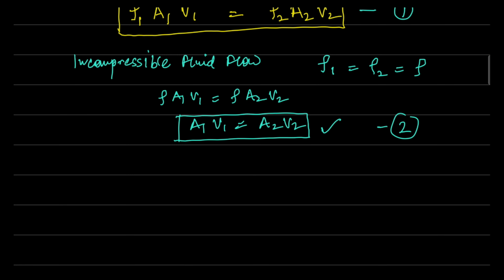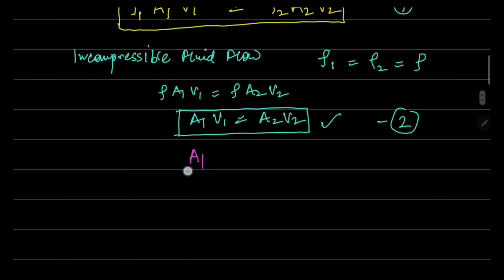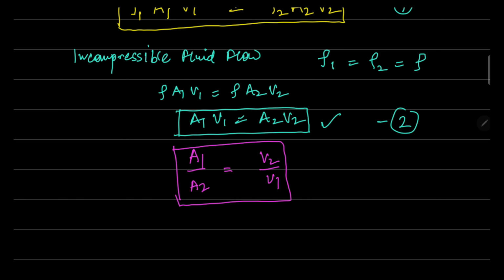Now the equation shown in equation 2 can be rewritten in that form, where A1 divided by A2 will be equal to V2 divided by V1. So if we take any problem such that section 1 and section 2 have a converging cross section, this is A1, this is A2, then A1 by A2 will definitely be greater than 1.